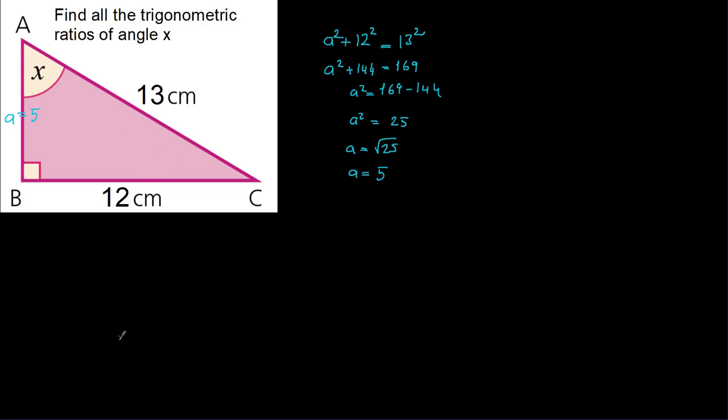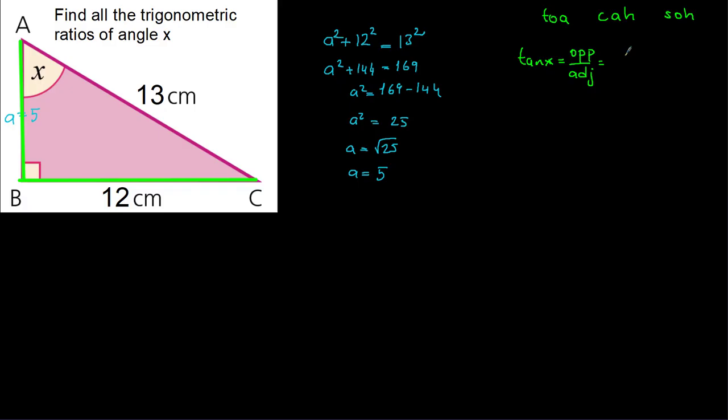Then we are going to continue with the trigonometric ratios now. If you remember this TOA, CAH and SOH, then tangent of x should be opposite over adjacent.